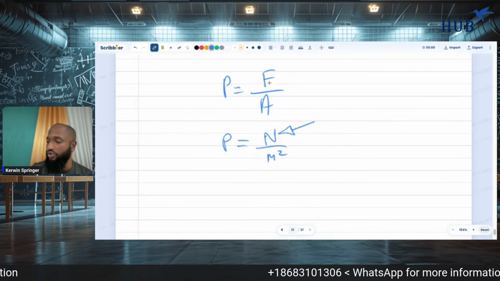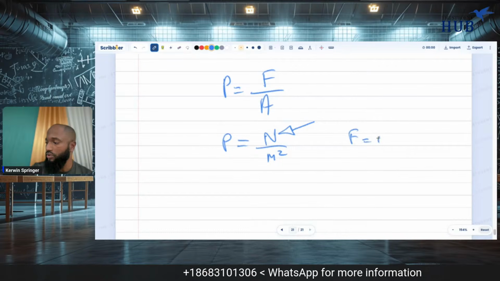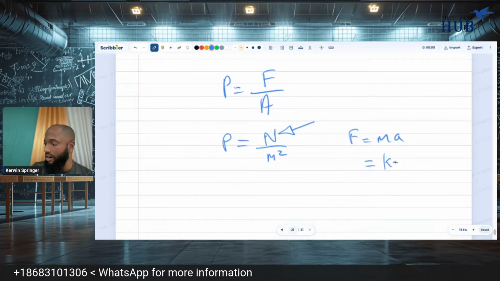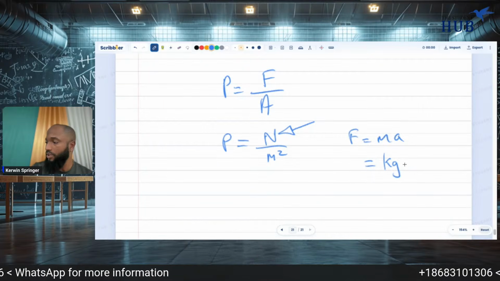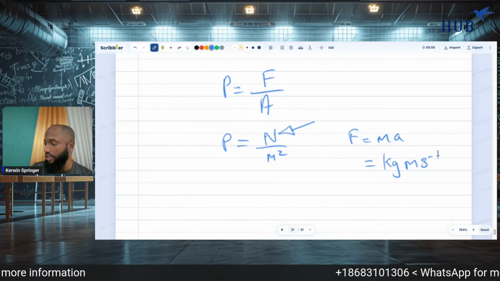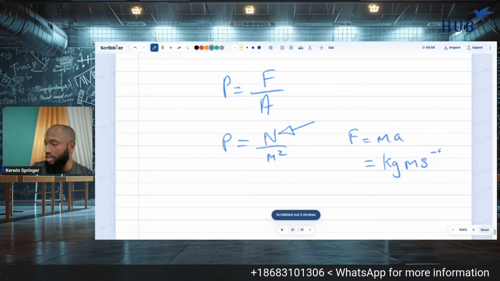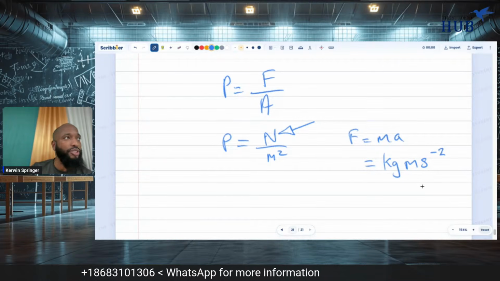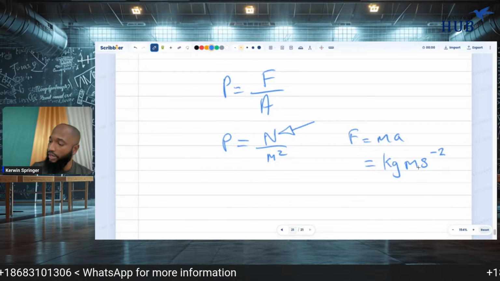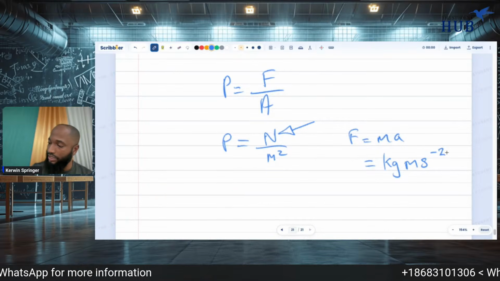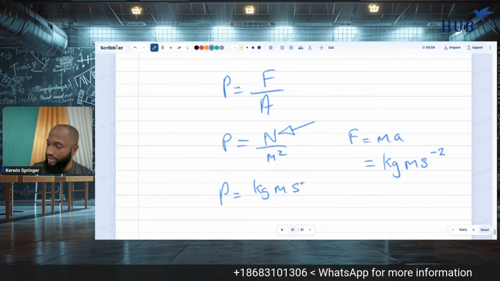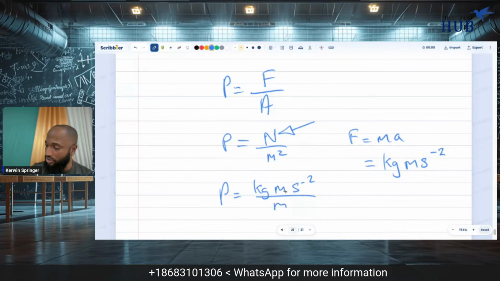What formula could we use for force? Mass times acceleration. So this is kilogram meters per second squared. I agree with this. Are we on the same page? So I'm going to replace newtons with kilogram meters per second squared. So pressure is kilogram meters per second squared over meters squared.